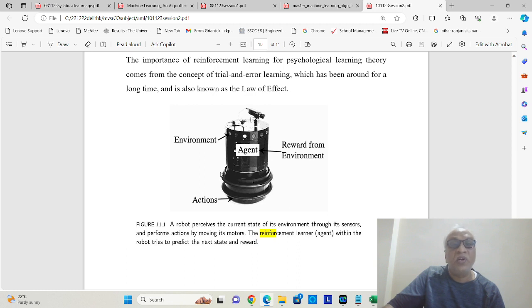Say for example, if you look at this diagram, this is a robot, and there is an agent, there is an environment, there are sensors which are used to perceive the environment, and there will be some action performed by the motors. Here, the agent is the learner, which will try to predict the next state and will get a reward.